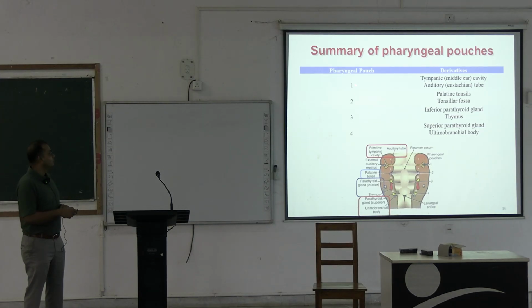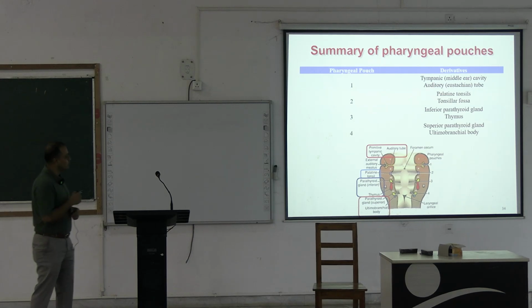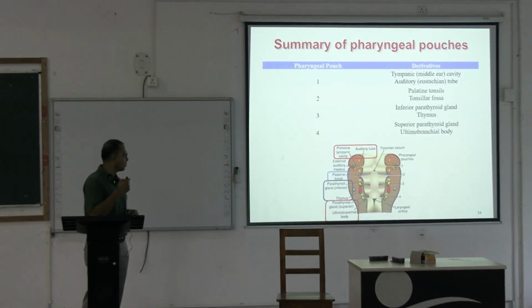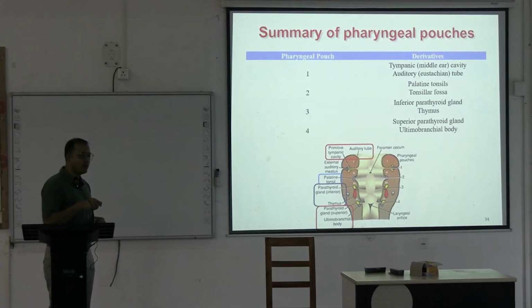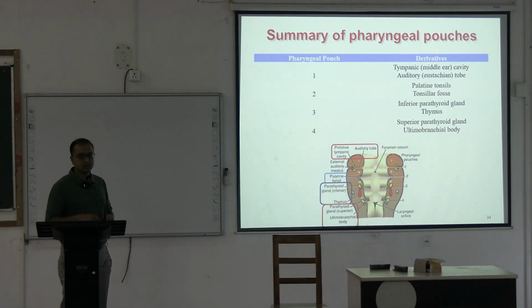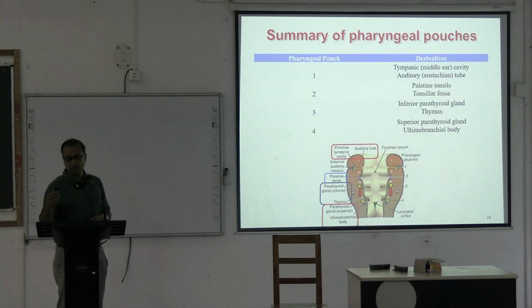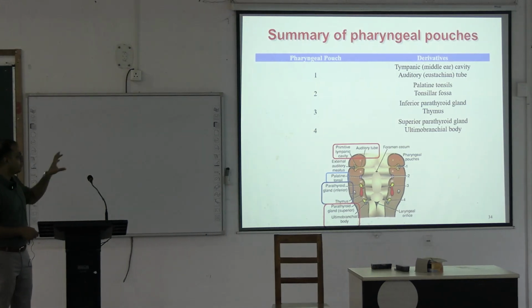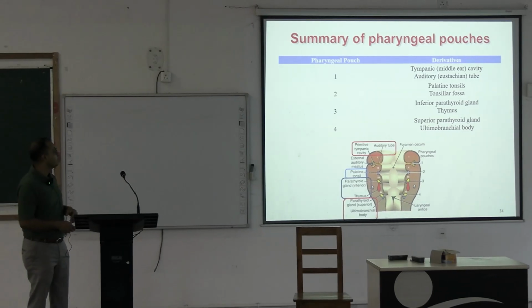As for the other two, pouch 1 develops into the middle ear cavity along with the eustachian tube or auditory tube. Pouch 2 develops into the tonsillar fossa, and there is a difference between the tonsillar fossa and the tonsil itself. The tonsillar fossa is the place where the tonsil is placed, and that space is created by this pouch.